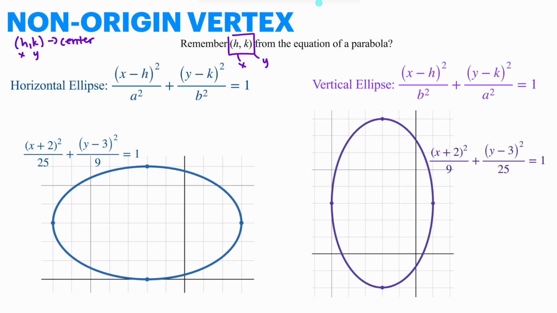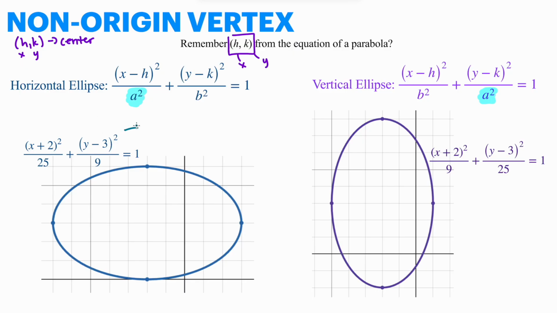If it's horizontal, then A is underneath the x value. And if it's vertical, then A is underneath the y value. So for example, in this case, x plus 2, since the original equation is an x minus h, the fact that this is an x plus 2 means you actually had to go to the left 2, and then y minus 3.